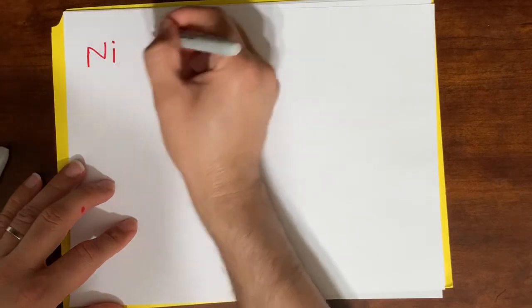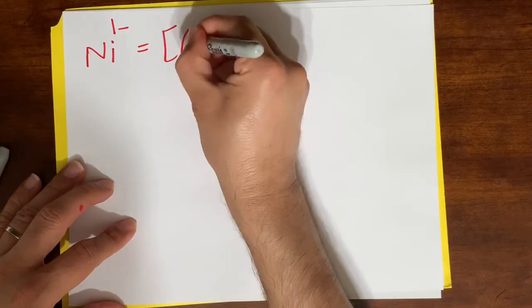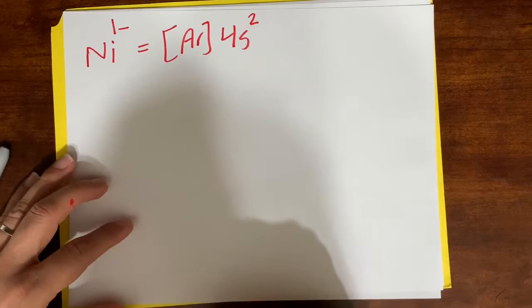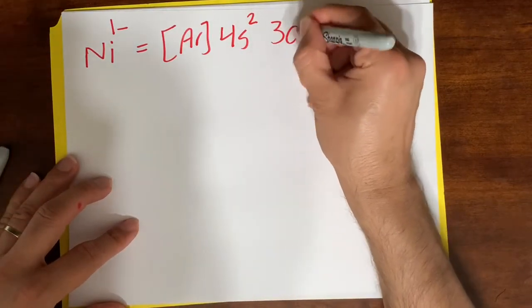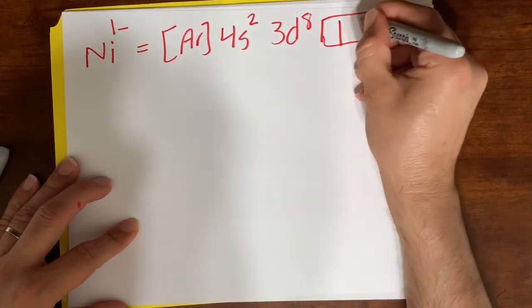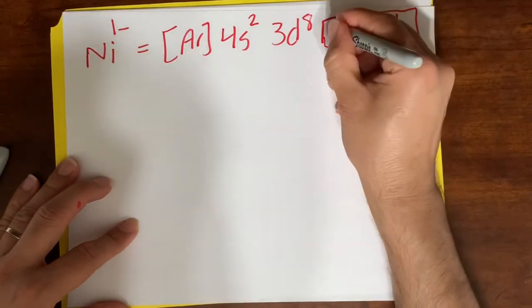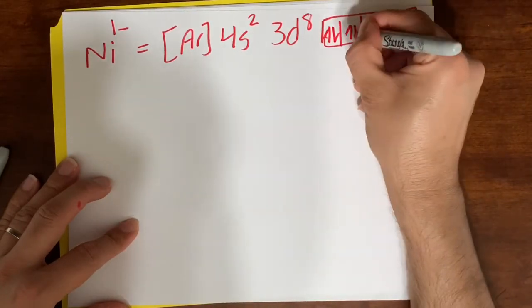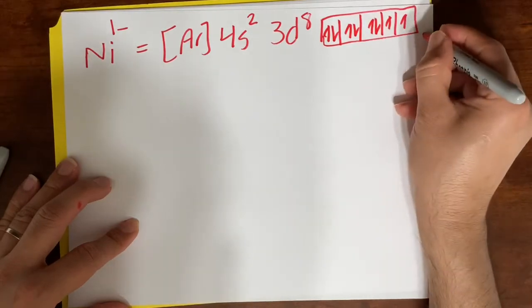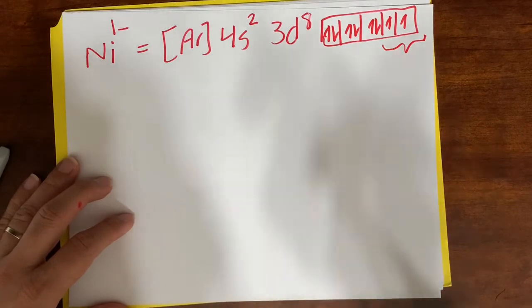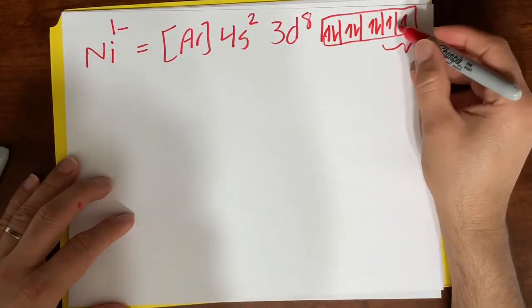What if you want to give an electron to nickel? You have argon. 4s is full, already has 2 electrons. 3d has only 8 electrons. So we have two orbitals and they are not full. We can give them two electrons.